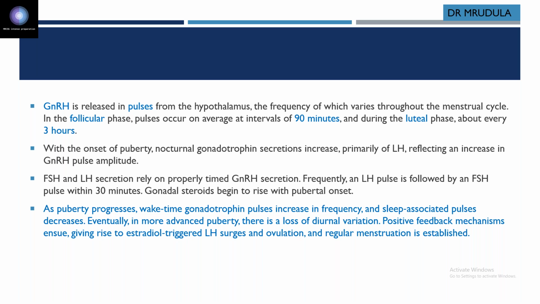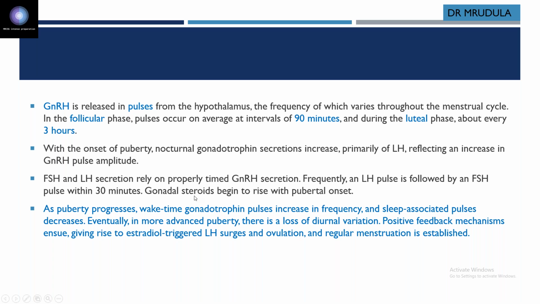With onset of puberty, nocturnal gonadotropin secretion increases, mostly LH, reflecting an increase in the GnRH pulse amplitude. FSH and LH both rely on this GnRH pulse secretion. An LH pulse is followed by an FSH pulse within 30 minutes.